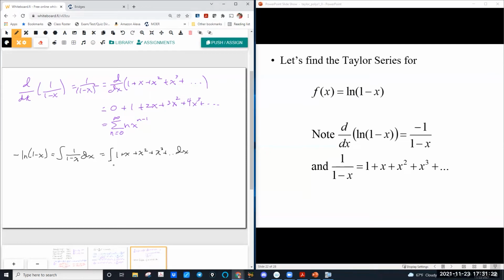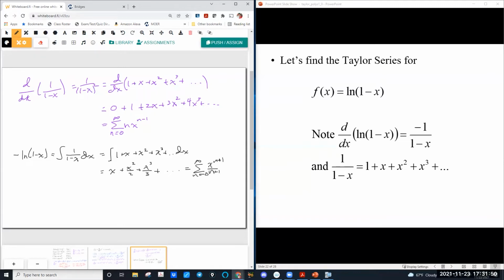And this is going to look really similar to what we did before. So we're going to have x plus x squared over 2 plus x cubed over 3 dot, dot, dot. And that, as we saw before, gives us the sum of x to the n plus 1 over n plus 1 from n equals 0 to infinity. None of that has changed.